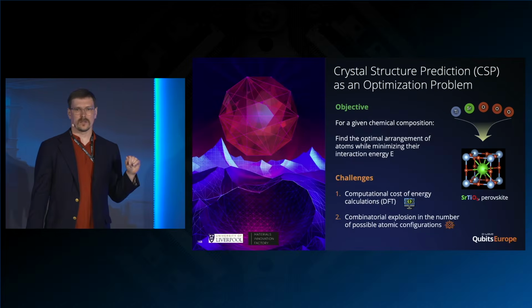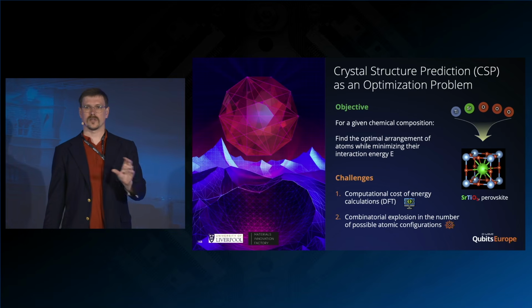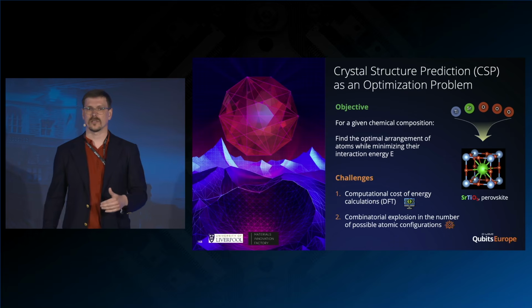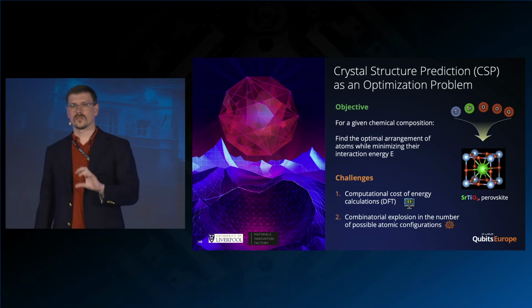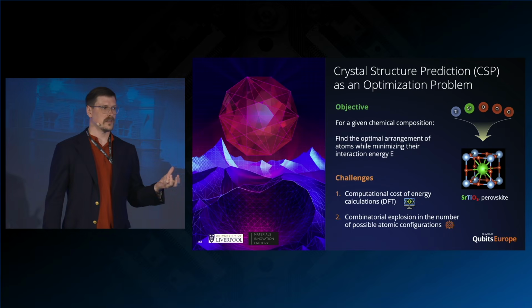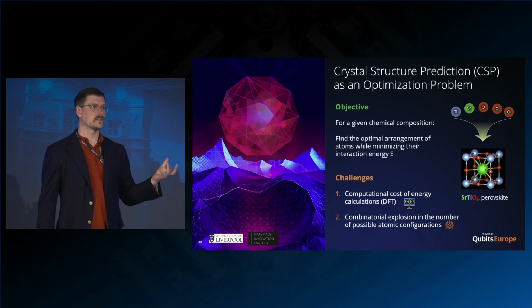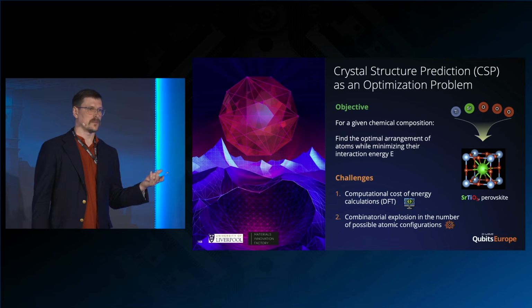So this problem received a lot of attention. But when you talk specifically about discovery, it's not only about simulating what you've got, but it's also about discovering, right? So you basically need to go through many atomic arrangements and identify the ones which are of the lowest energy, right?